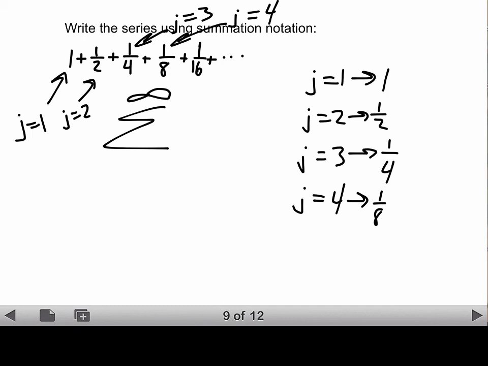Noting a pattern in the denominators, looks to me like 1/2 is 1 over 2 to the first power. 1/4 is 1 over 2 squared, and 1/8 is 1 over 2 cubed. Verifying that the first term is 1 over 2 to the 0 power, I see there's a pattern that I could use.